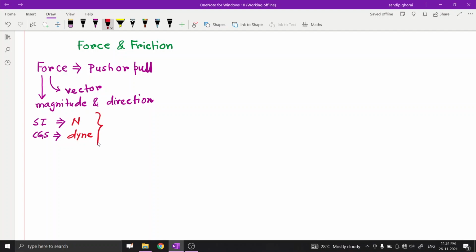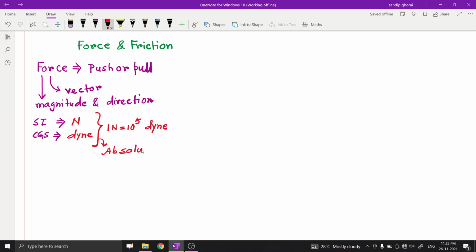And what is the relation between Newton and dyne? 1 Newton is equal to 10 to the power 5 dyne. These units are absolute units, not gravitational units.